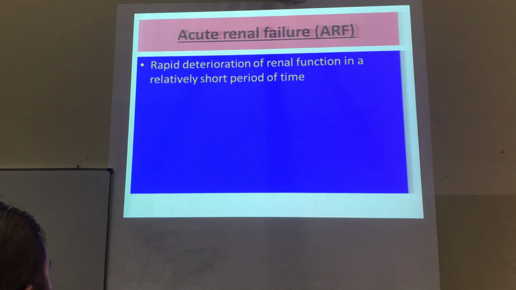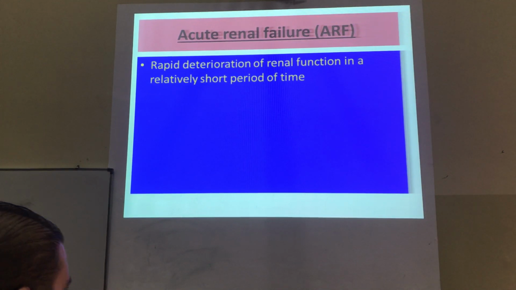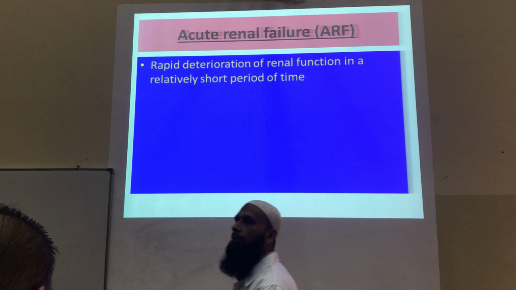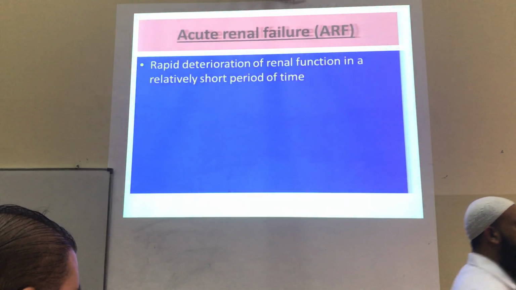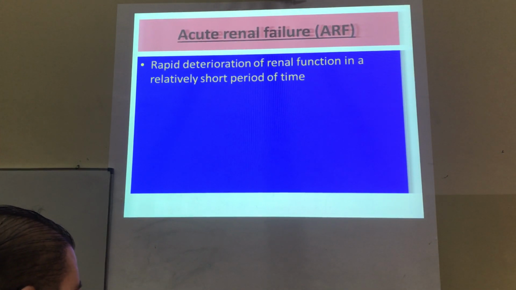There is a rapid deterioration of renal function in a very short period of time. When this deterioration of renal function happens over a prolonged period, maybe years to develop, then it is chronic. But when it is in a very short period, maybe days and weeks, then you will think it is acute renal failure.